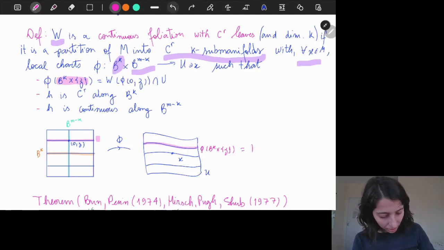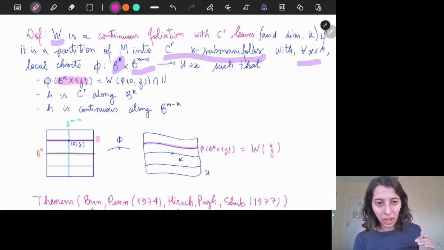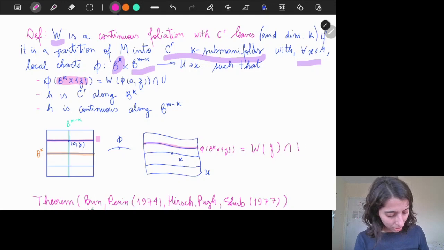This is the notation we use. If the foliation is W, W of a point, which we call this point y, is the leaf of the foliation that contains that point. So this is W_y times the neighborhood U.